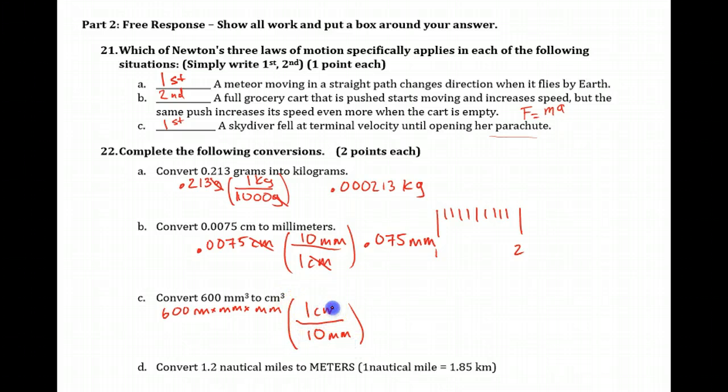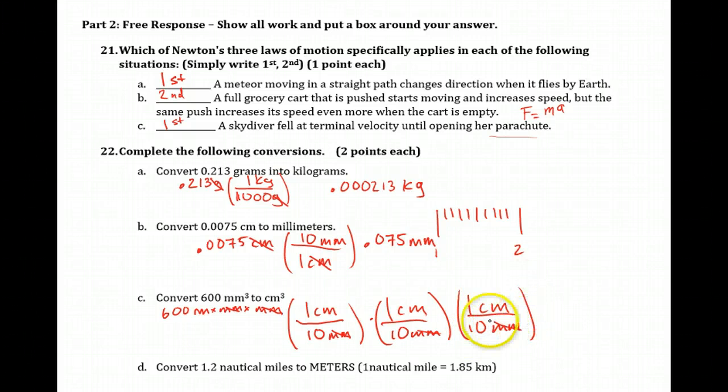Here we cancel out one of them. So let's do it again, 1 centimeter to 10 millimeters. Cancel the second one. And 1 centimeter to 10 millimeters, and we'll cancel the third. So we just solve this problem. We see that we have 600 divided by 1,000, which equals 0.6. Our unit is centimeters times centimeters times centimeters, centimeters cubed.